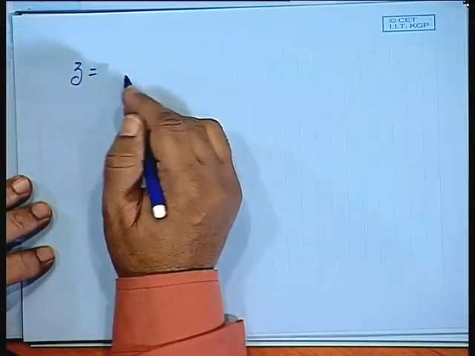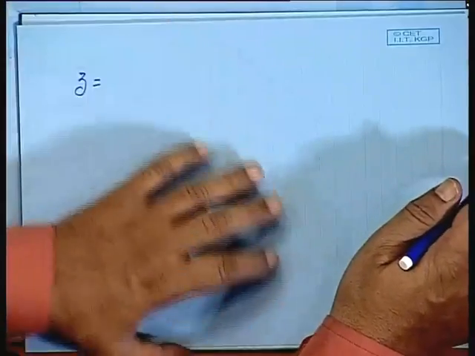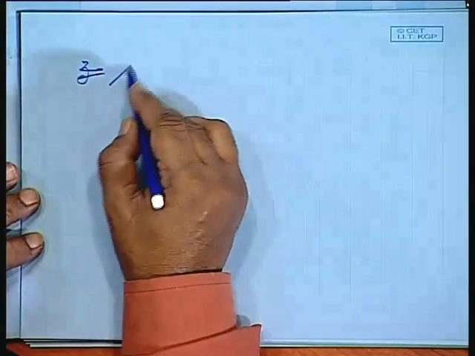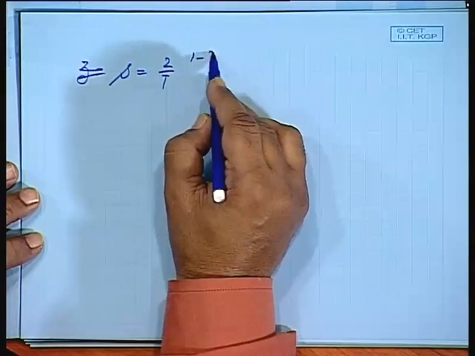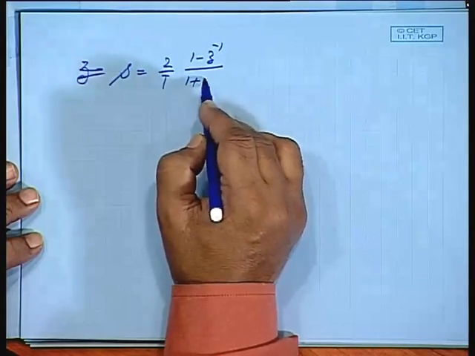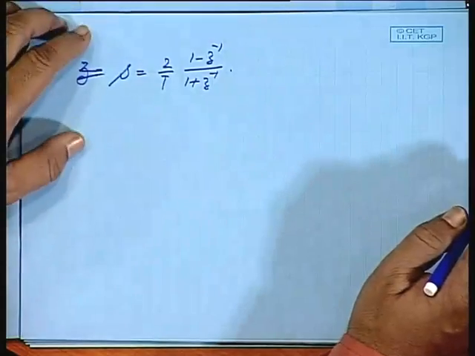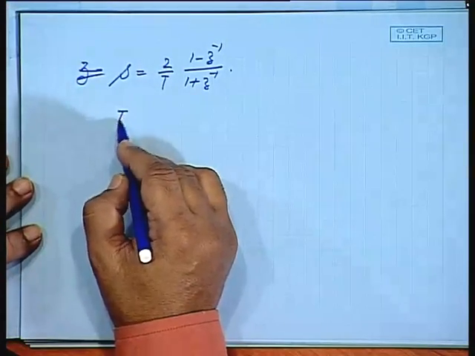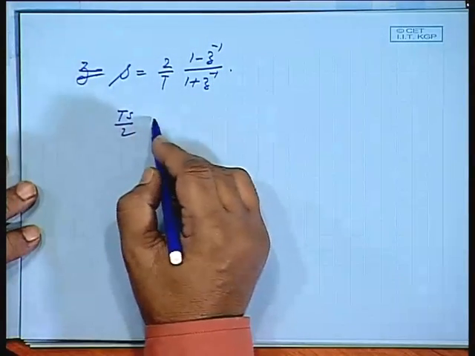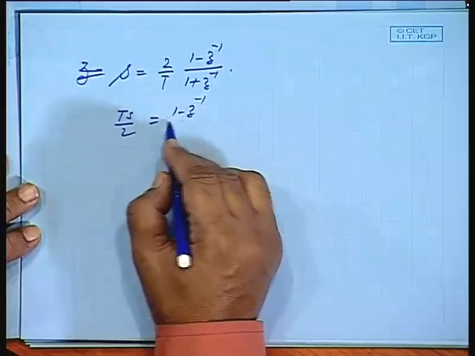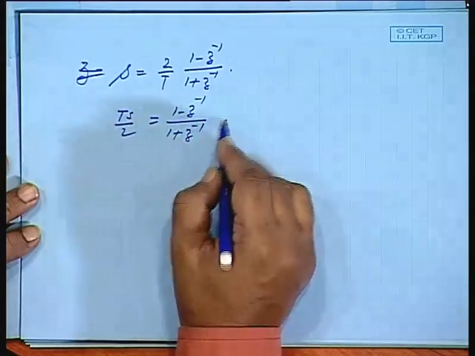So, let us see what the bilinear transform does. S is now approximated as (2 by T) times (1 minus z inverse) by (1 plus z inverse). That is, Ts by 2 is equal to (1 minus z inverse) by (1 plus z inverse).